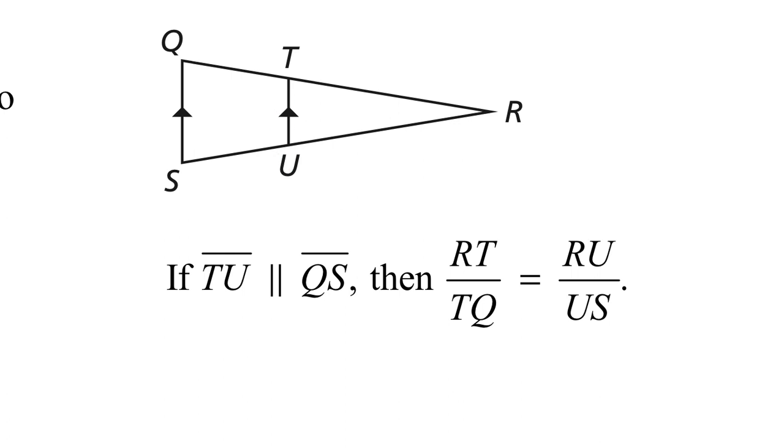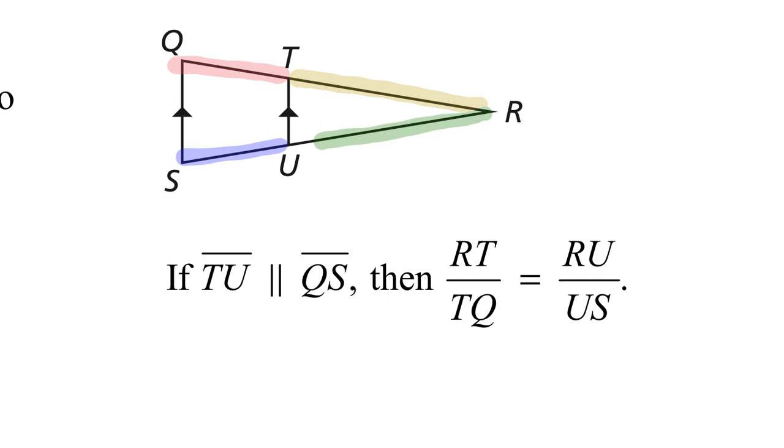So if TU is parallel to QS and it intersects QR and SR, then what it's saying is if you look at RT, which here is in yellow, and then compare that to TQ, look at their ratio. That ratio will be the same as the other two parts on the other leg.